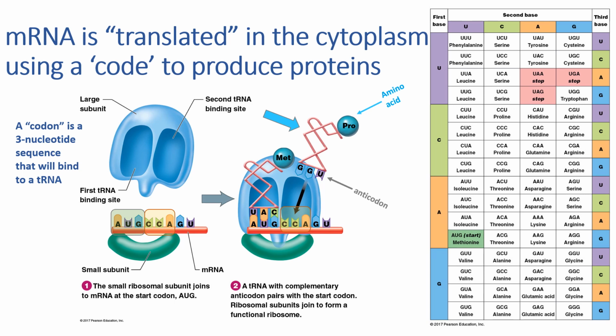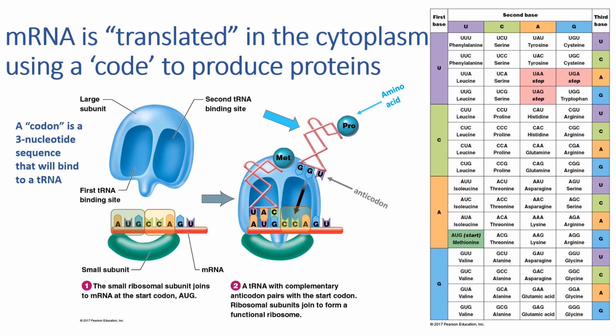Realize that the first G nucleotide in the anticodon will bind to the first C in the codon. The middle G nucleotide on the anticodon will bind to the C middle of the codon, and the U nucleotide in the anticodon will bind to the A in the last position of the codon.